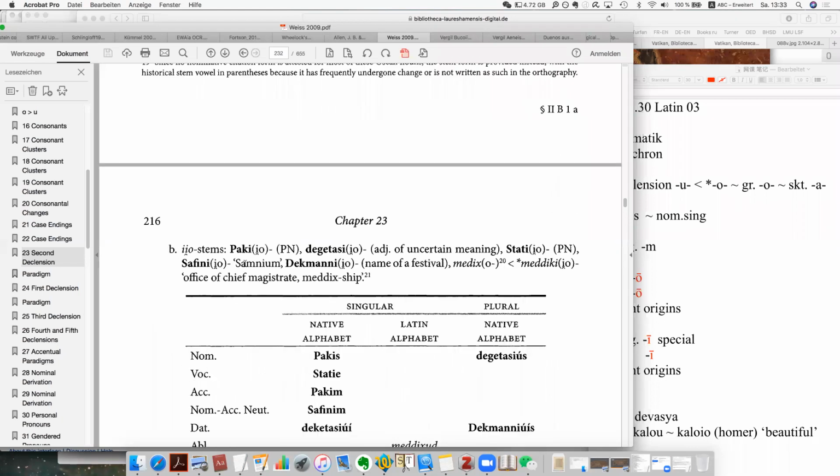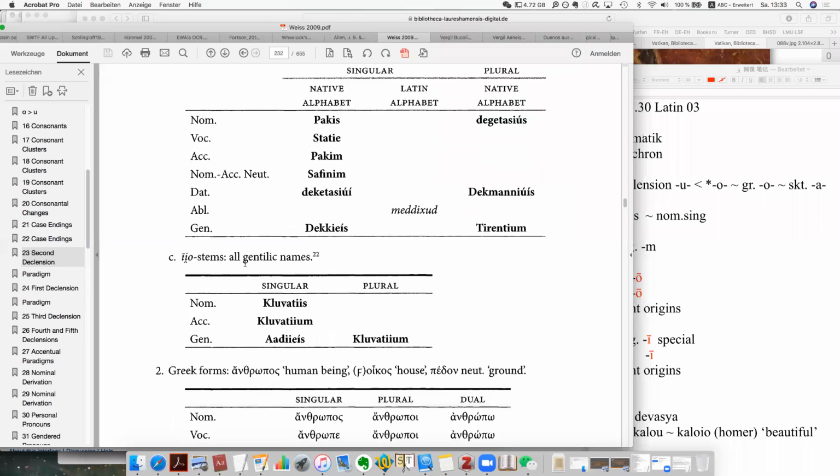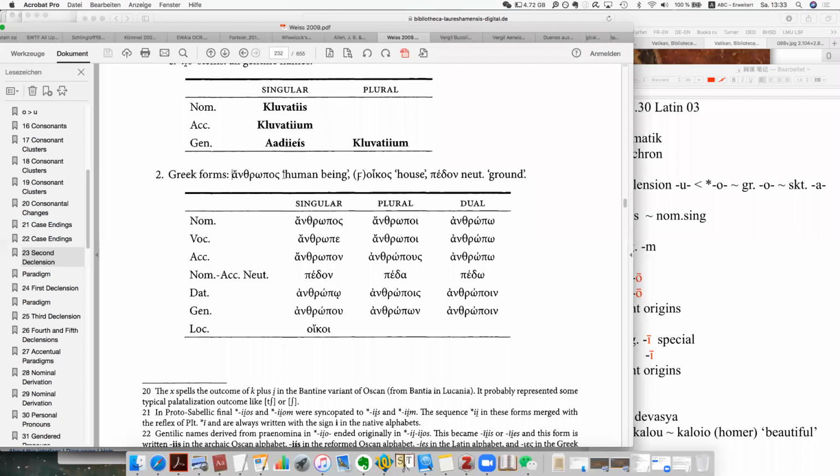I'm not going to read the other grammars. As I have told you, it is related to the Greek stem: anthropos, anthrope, anthropon, and so on. And keep in mind, the Greek has an N for the accusative.